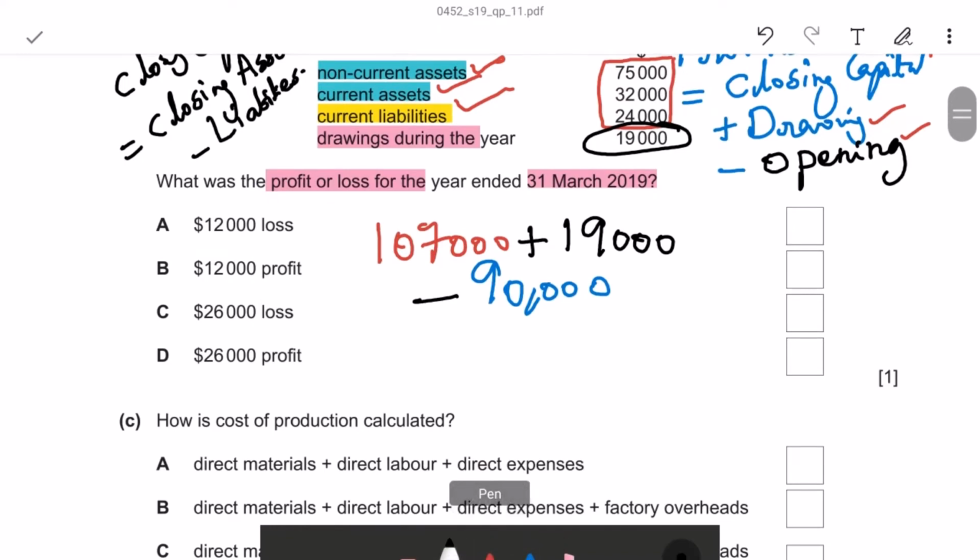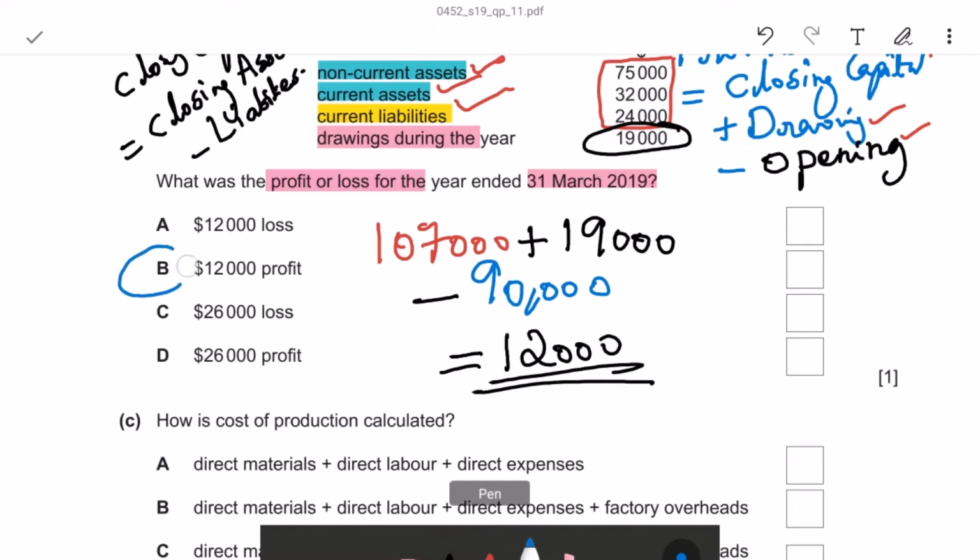So what is our answer? 12,000. 12,000 is a positive figure. So we can say the correct answer is 12,000. Positive figure means that is profit. Answer is B.